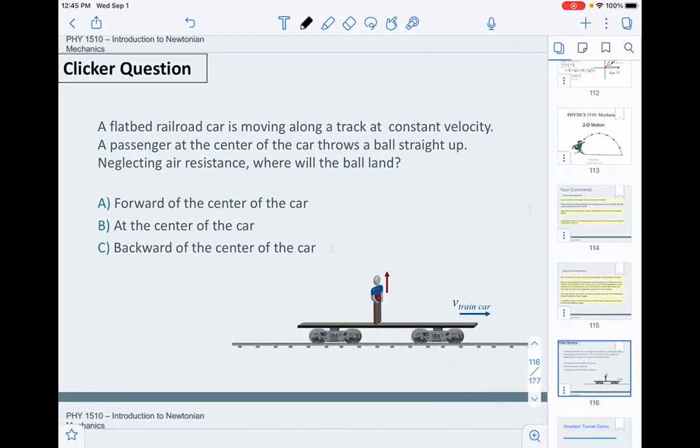It would not be in front of you or behind you. If it were in front of you or behind you, then you could not catch it, but it's always going back to the same position as you are, so therefore you can always catch it. So what does this say about the motion of the ball? The ball must be traveling together with you with that same constant velocity forward at the same time as it's going up and down.